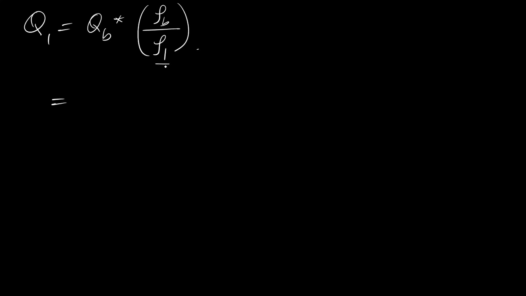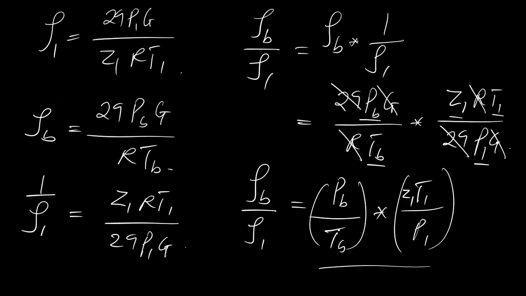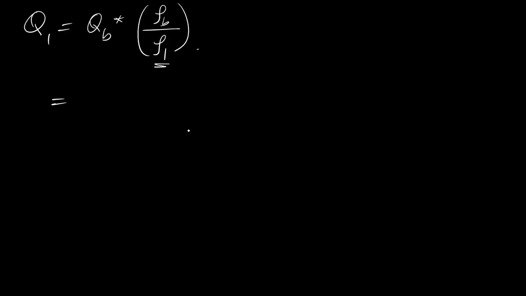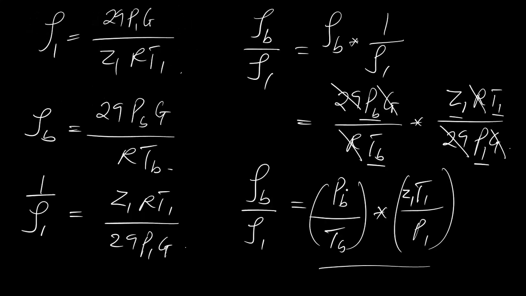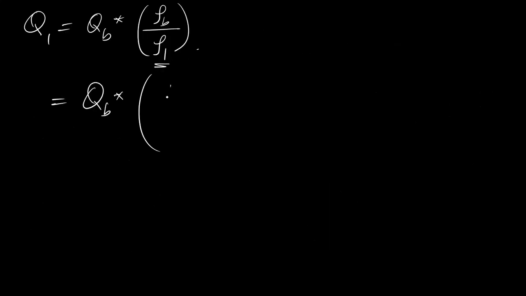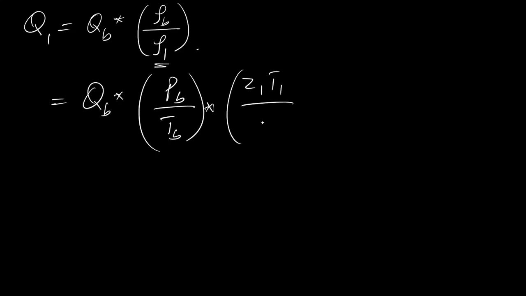Now we have gotten this, which is this. We now need to substitute it here. So now we'll have the flow rate at the standard condition times PB all over TB times Z1 T1 all over P1.